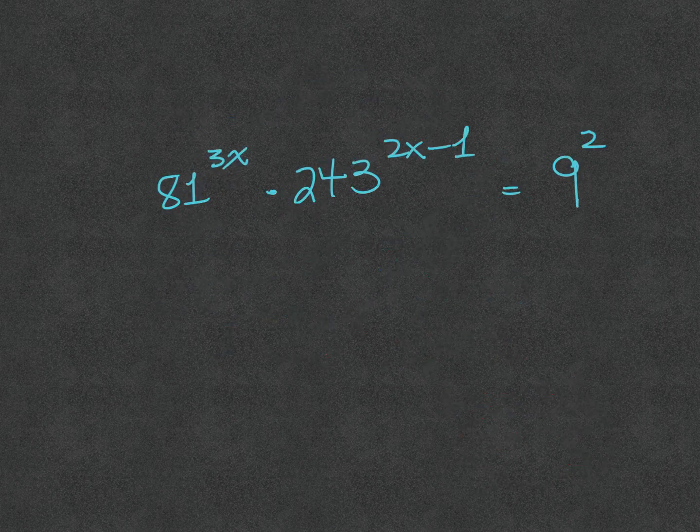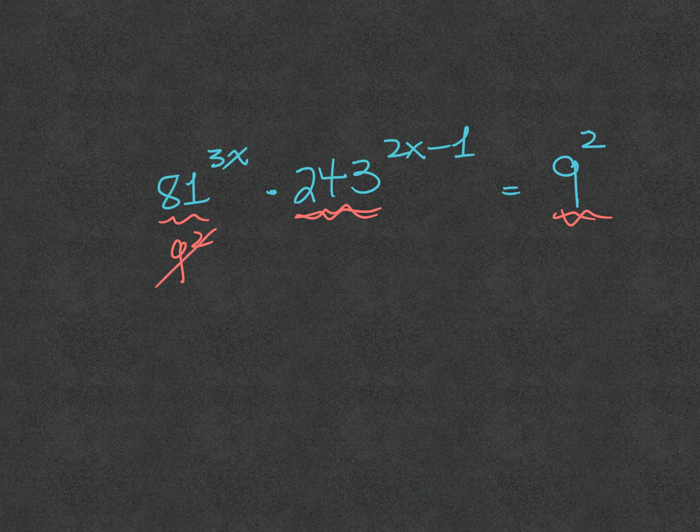Okay, so we have 81, 243, and 9. We need to find a common base. This could be 9 to the power of 2 if you wanted to, because I already have a 9 here. But the problem is that 243 is not a power of 9. So let's dig a little further.